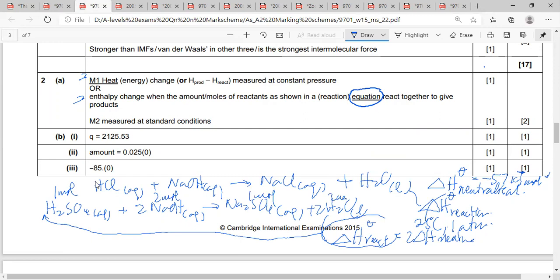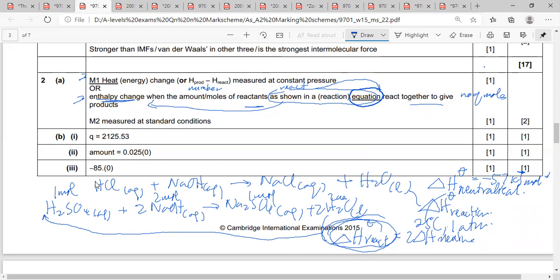That means the enthalpy change, when the number of moles of reactants react together to give the number of moles of products as shown in the equation, this is the enthalpy change. This is called the heat of reaction.